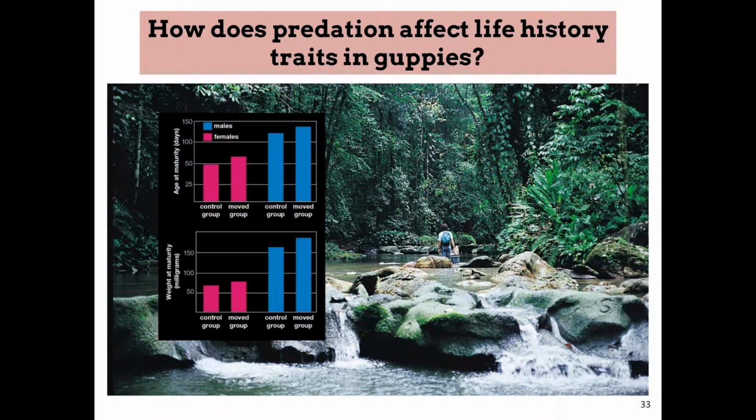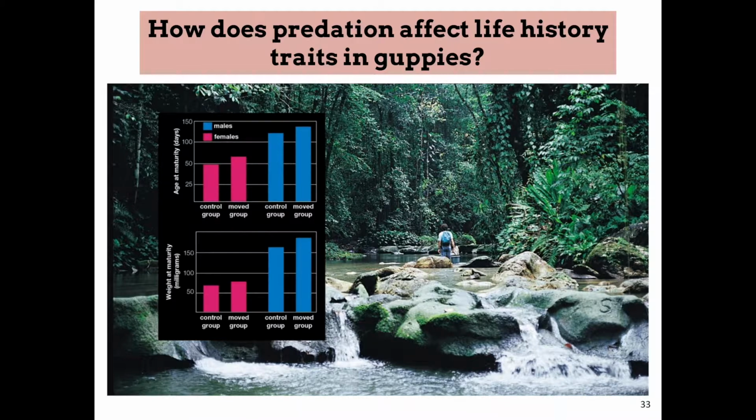The study was done in one particular region where many small waterfalls prevent guppies in one part of a stream from moving to another. As a result of these natural barriers, each stream holds several populations of guppies that have very little gene flow between them, meaning there's no immigration into or out of those individual populations.